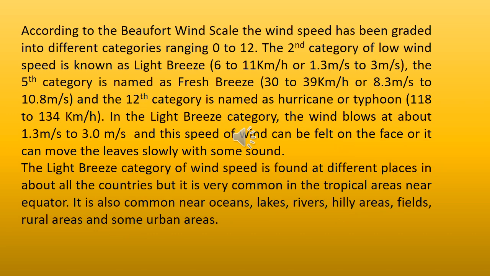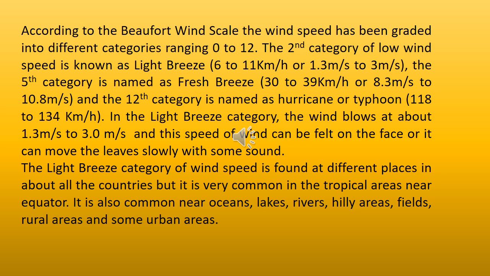This slide will teach you about the different categories of wind speed. According to the Beaufort wind scale, the wind speed has been graded into different categories ranging from 0 to 12. The second category of low wind speed is known as the light breeze. It is 6 to 11 km per hour, or 1.3 meter per second to 3 meter per second.